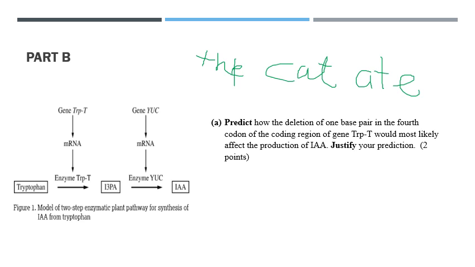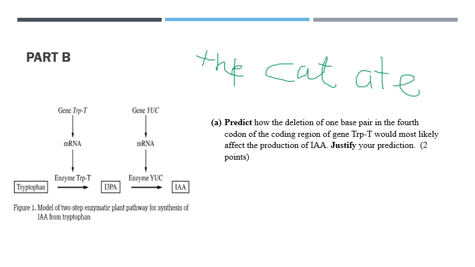So if there's a deletion of one base pair, that means the codons that correspond to the triplets are not going to be the same amino acid potentially. If it's a nonsense mutation, then it really won't affect anything.